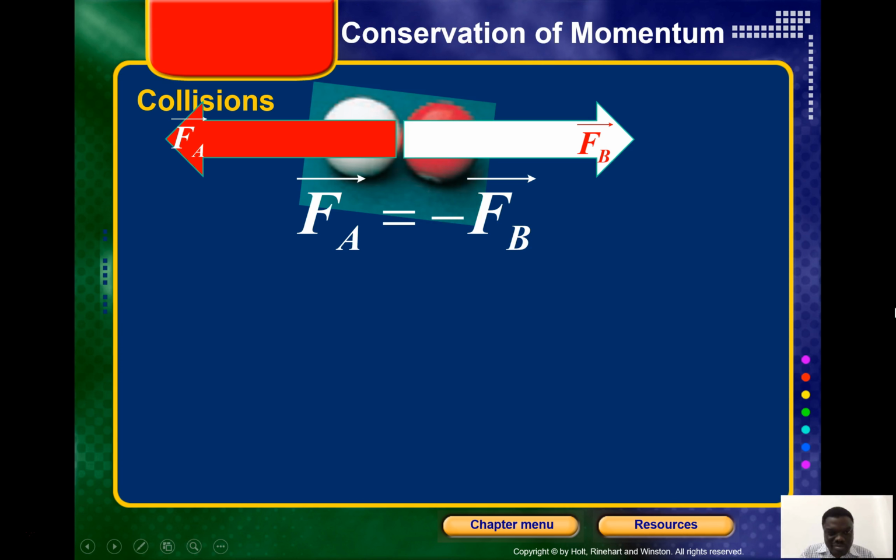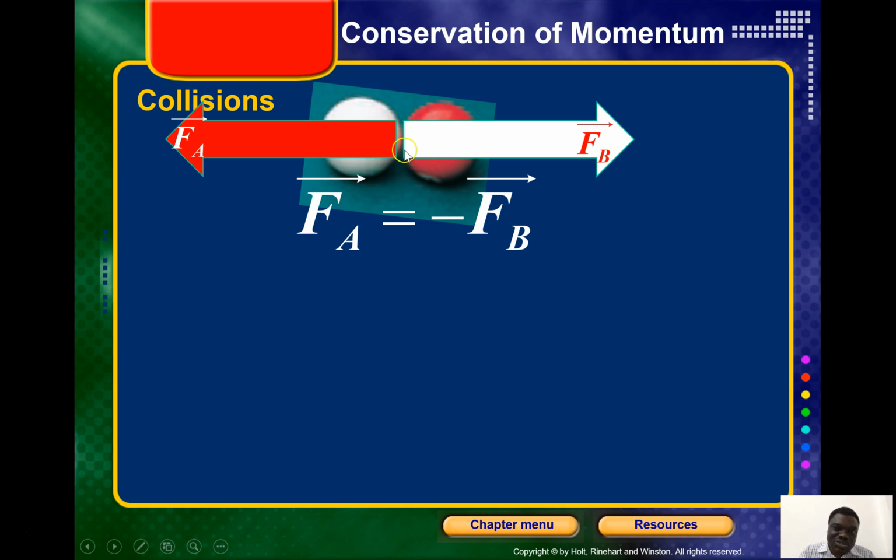Now, if we go back to our impulse-momentum theorem, FA, the force on A, should be the change in momentum of A divided by the time it takes to change that momentum, and the force on B should be the change in momentum of B divided by the time it takes to change that momentum.